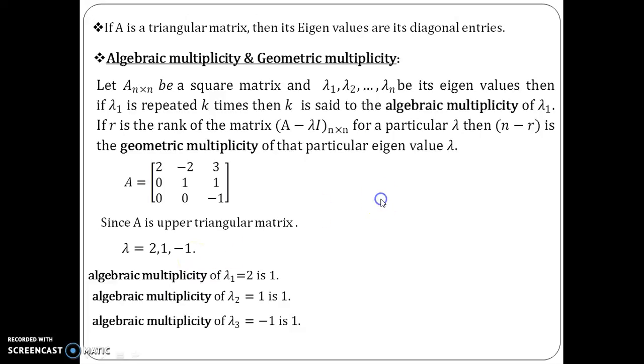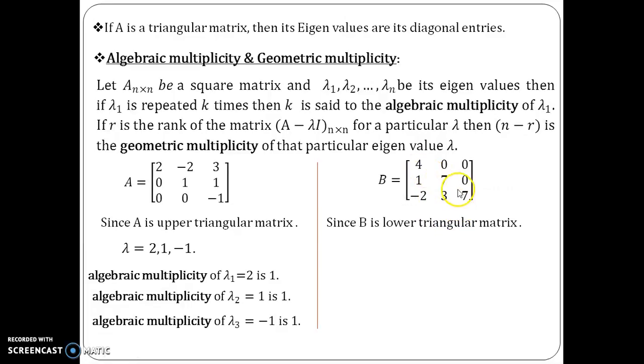Try for this matrix B. It is again a triangular matrix, but now it is a lower triangular matrix. Again, the eigenvalues for this are going to be the diagonal entries, that is 4, 7 and 7. Let us now go for the algebraic multiplicity.